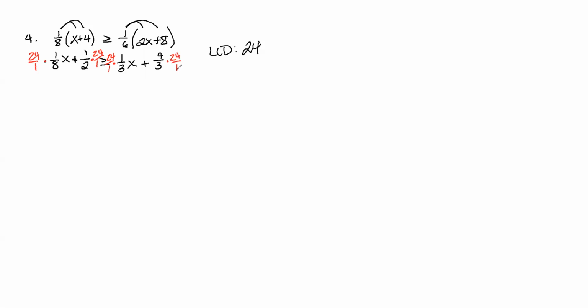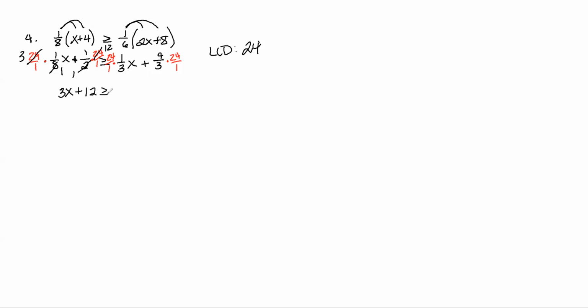Remember every single term. And now I'll reduce, so 8 and 24 reduces to 1 and 3. This should always turn your denominators into 1, so we have 3x plus 2 reduces to a 1, 24 reduces to 12, so we're just left with a 12.